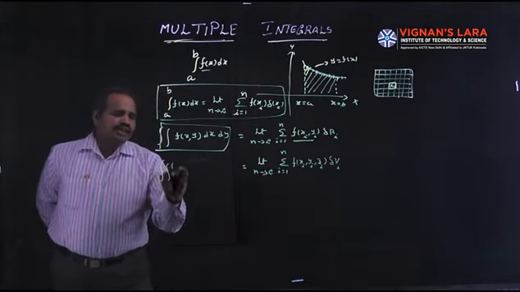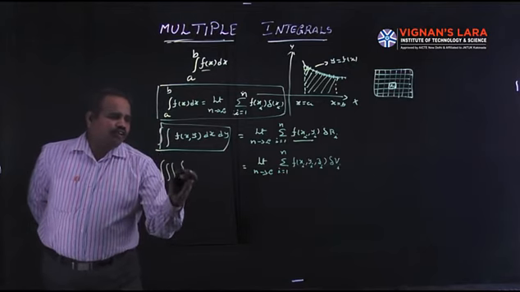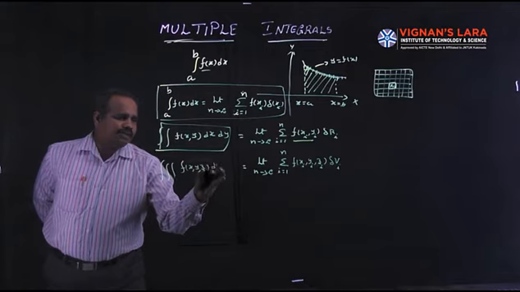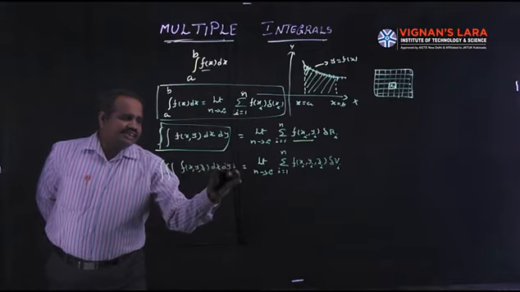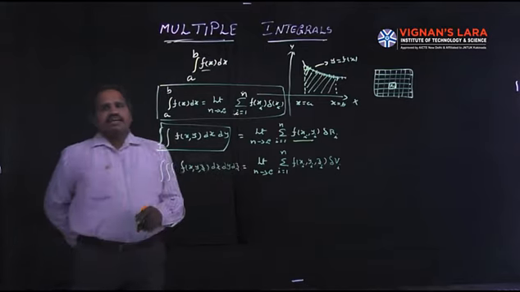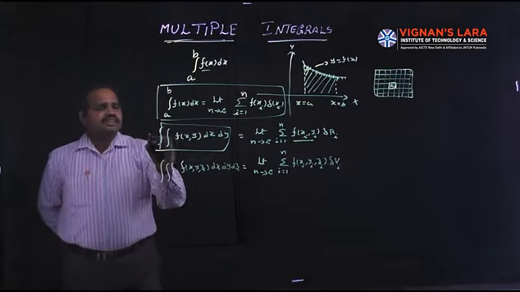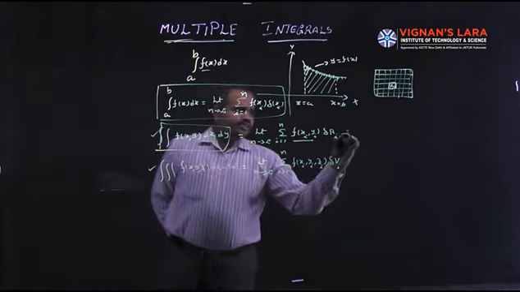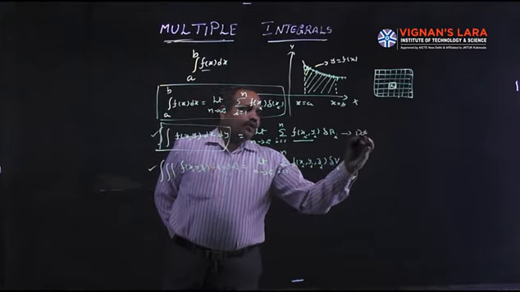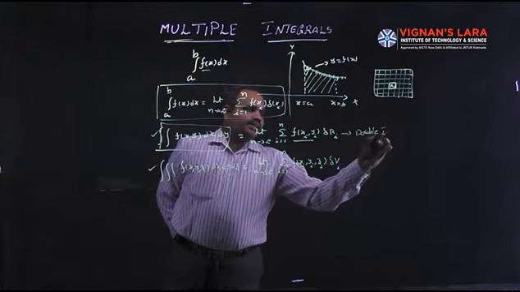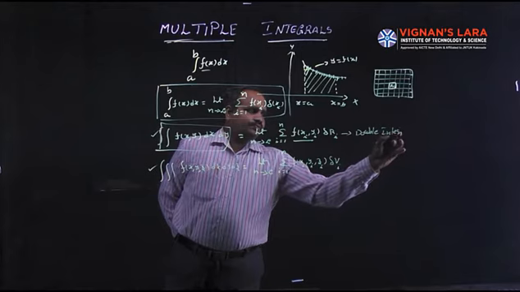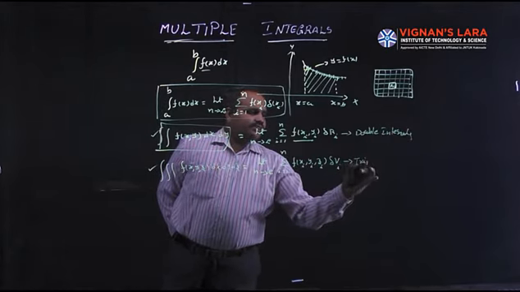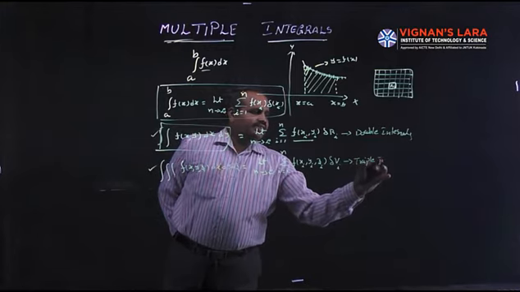Then we get the triple integral f of x comma y comma z dx dy dz. This is the double integral and this is the triple integral. In this chapter we learn how to calculate double integrals and triple integrals.